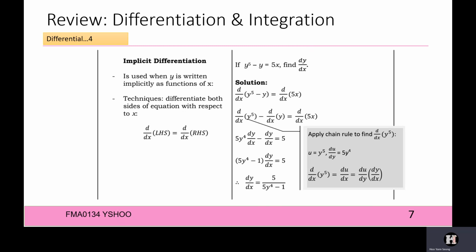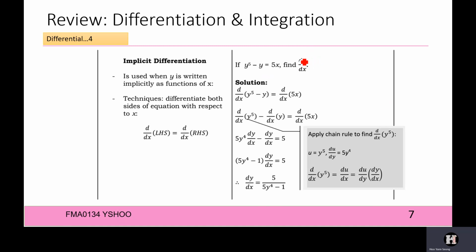Because the equation itself is not linear, because you have the combination of y and xy and so on. So what you need to do is identify what is the title. When the equation is written as y to the power 5 minus y equals 5x, you need to look at what the question is seeking.